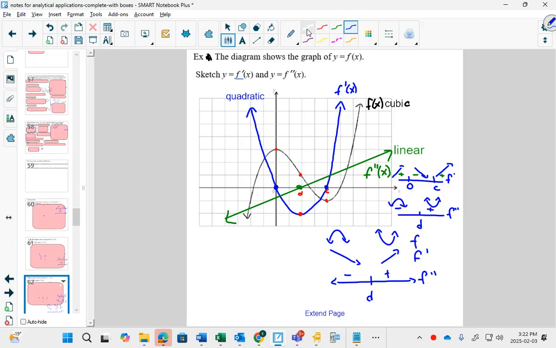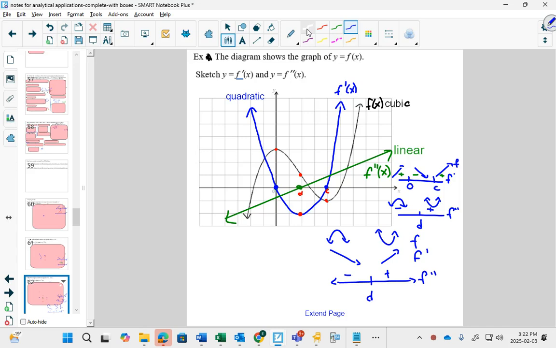And that only works with the F double prime. You can't have all three on one using the F prime stuff, because F prime stuff would have 0 and C on it. But this, the plus and negative go to the F prime, the increasing, decreasing, that's really F. So whenever we're drawing those number lines, we're always showing two things.